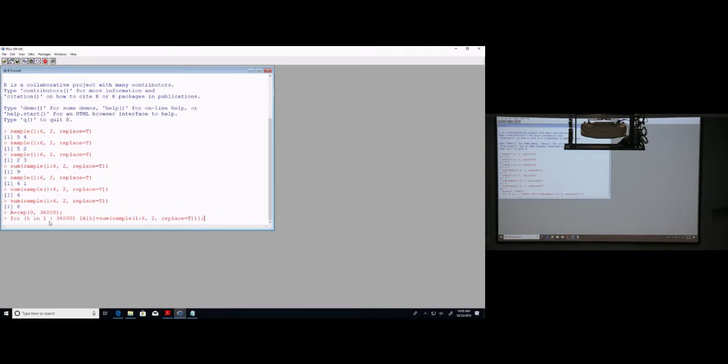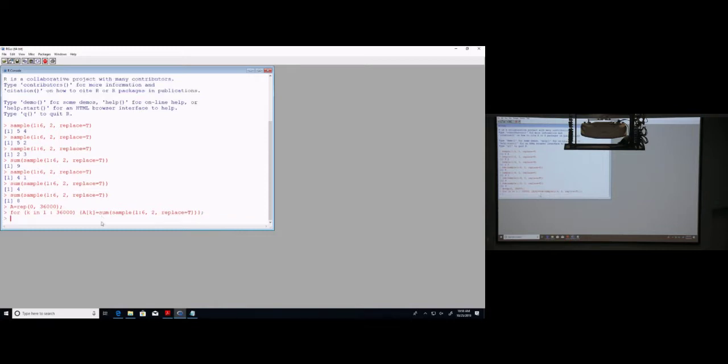And then I do it for step 2, so that would be A2. A is a list, and the square bracket K is like the address where you put it in. So I do the sampling, then I add them up and put the result into the K component of the list, all right? This can be done very quickly, 36,000 times.